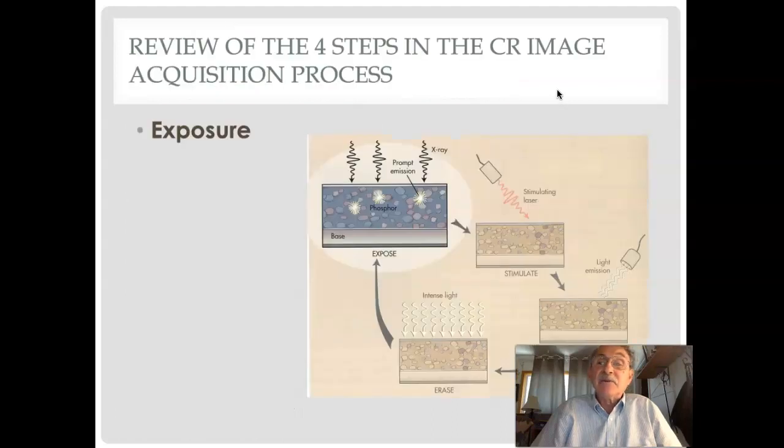So here is exposure, where the remnant beam comes through the patient, comes through the bucky, and interacts with the photostimulable phosphor plate, where we have some emission of light, which is lost, and we have those F centers, which then become the latent image.